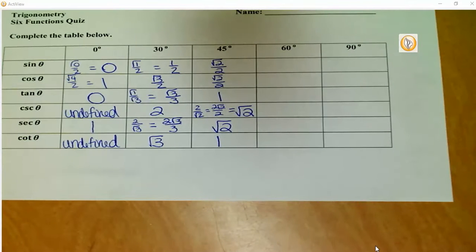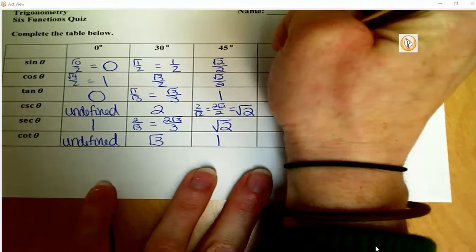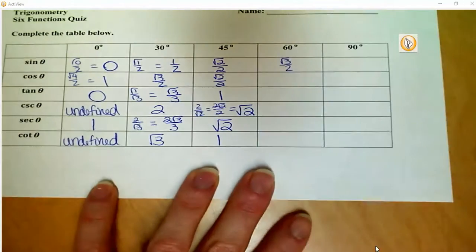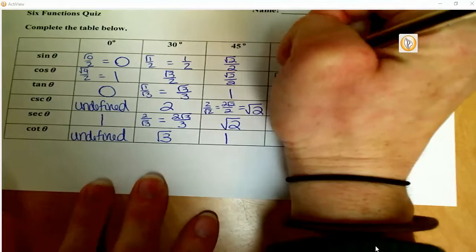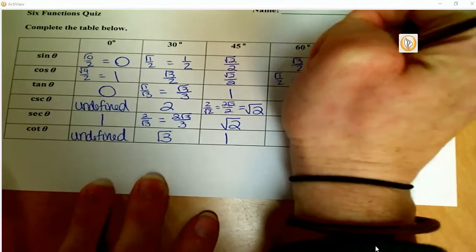So if you fold in your 60. Sine is the top, so that would be radical 3 over 2. Cosine is the bottom, so radical 1 over 2, which is a half.